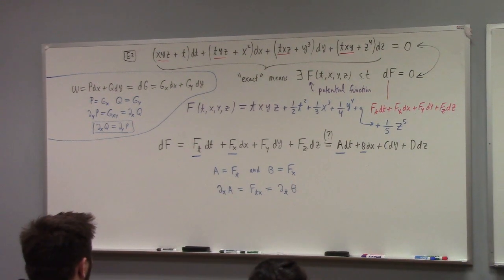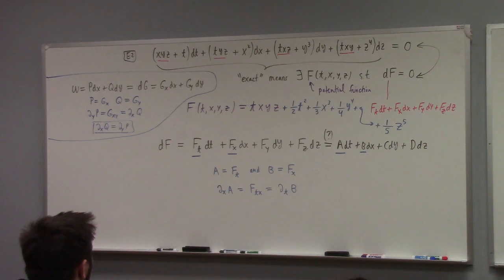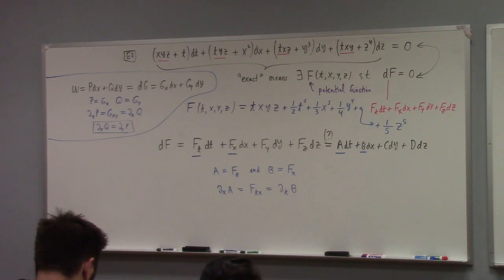Could you generalize that by saying partial x, y, z of t is equal to partial t, y, z of x is equal to partial t, x, z of y is equal to partial t, x, y of z? So do triple partials on each one, something like that. Would that still be?